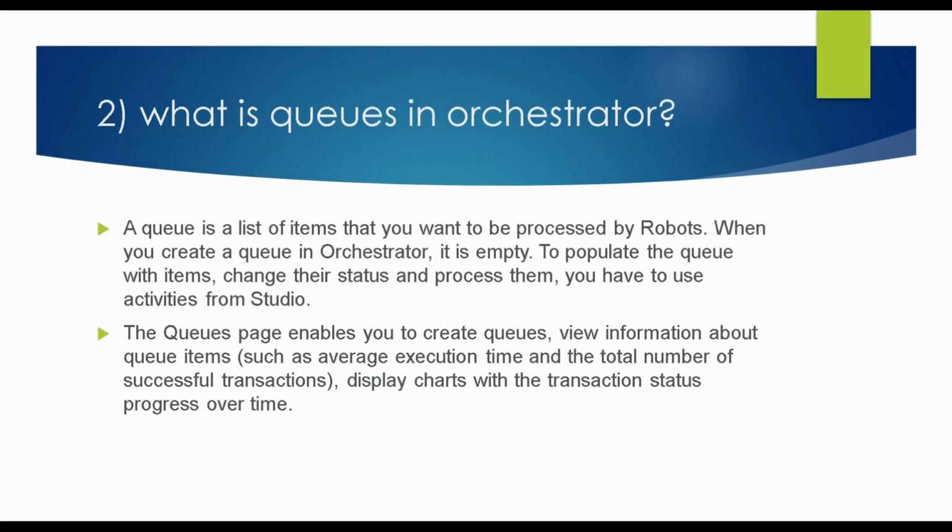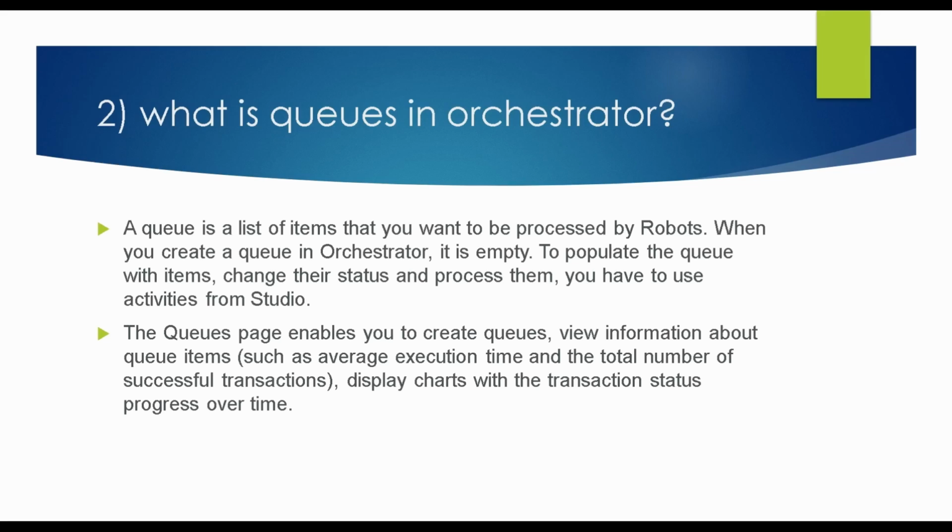Instead of proceeding with one robot from your system, you can directly upload the items to the queue, and all robots connected to this Orchestrator that have access to that particular folder or queue can work on these queue items. So it will give you a faster way of resolving your transactions.